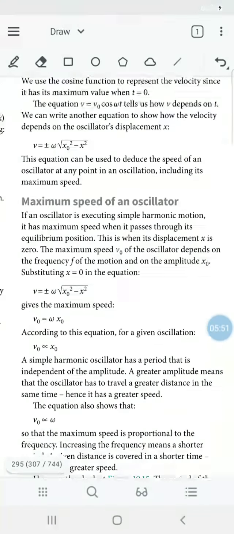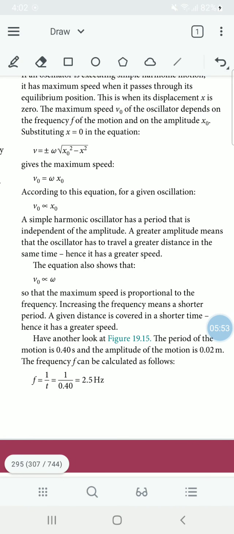Pause the video and look at it if anything does not make sense. The period of the motion is 0.40 seconds and the amplitude of the motion is 0.02 meters. The frequency can be calculated as f equals 1 upon T, that is 2.5 Hertz.